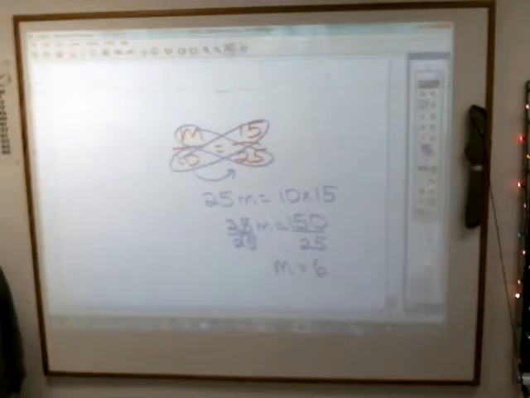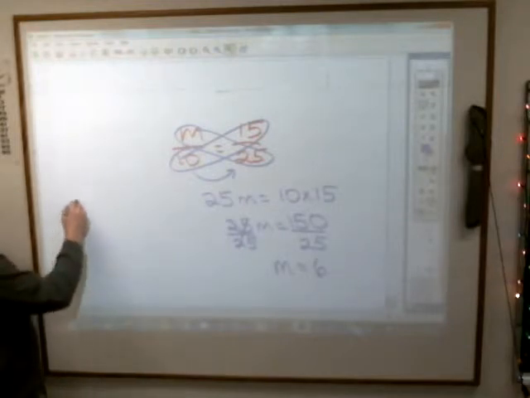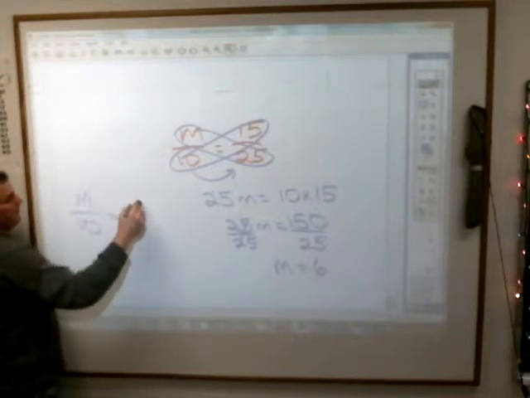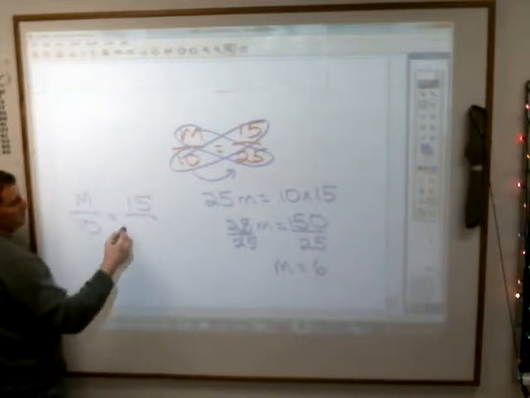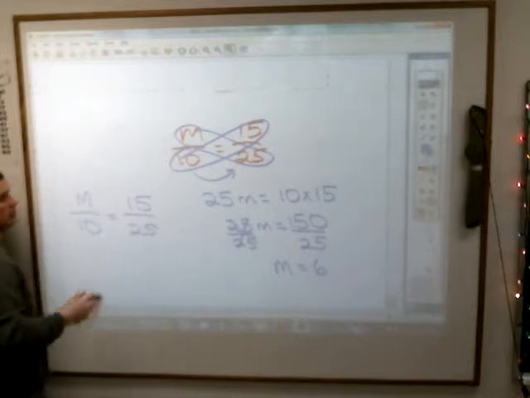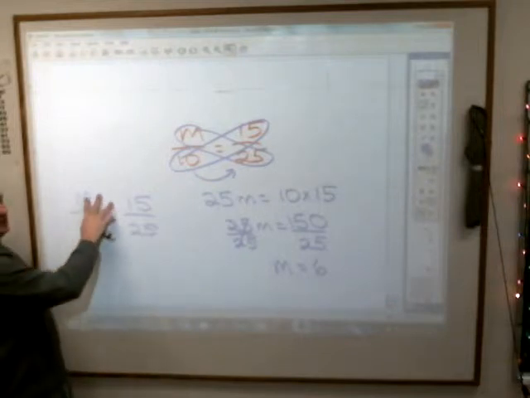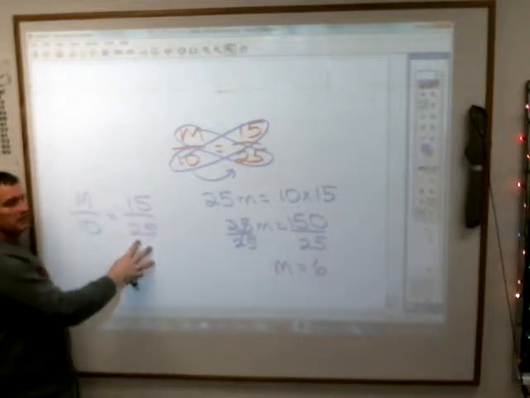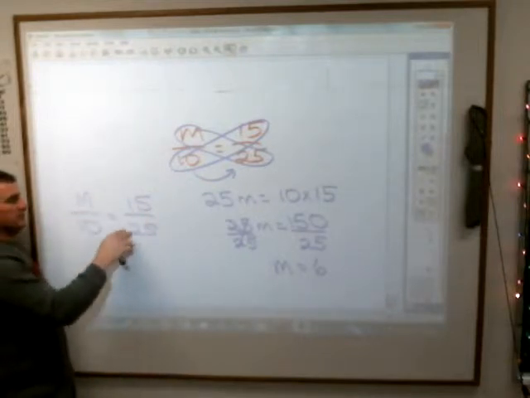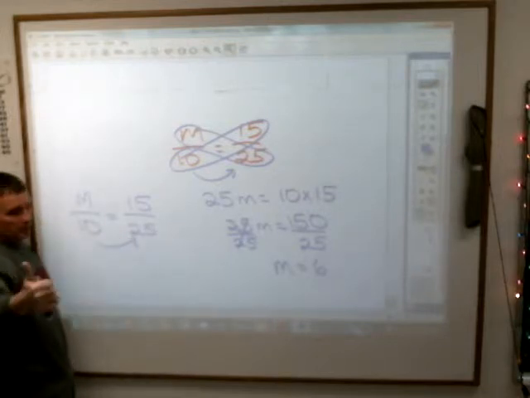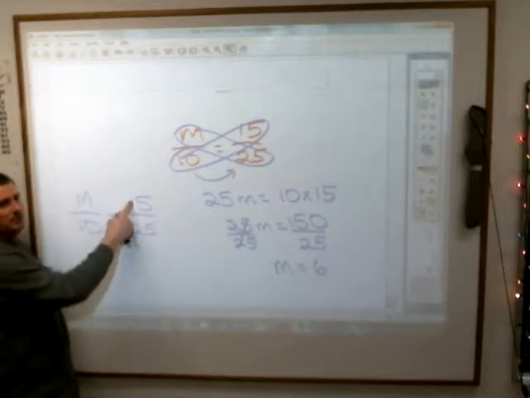There's a good reason why it did. Let me go back to this original thing. One other method you could use: doing the cross product thing should really be your last resort. When you see it in this form, after you look at it and say 10 times 25 doesn't work, the next thing you should look at is whether this fraction could be reduced.